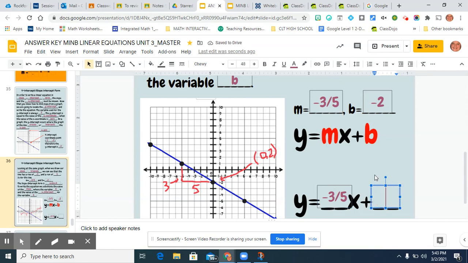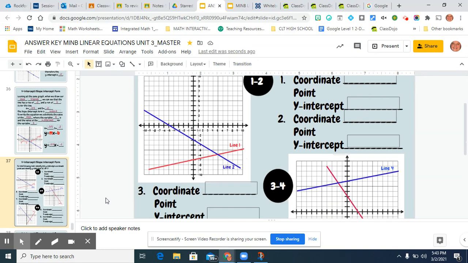Once I find the slope, -3/5, and the b, -2, I can now write the equation: y equals -3/5 x plus -2. This equation is an equal representation of this line or this graph.